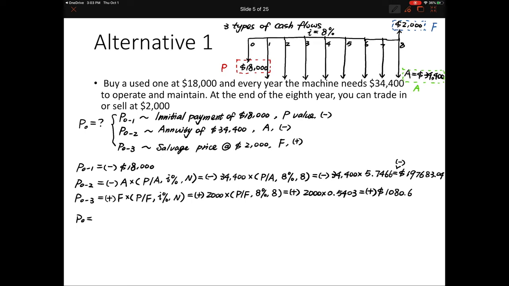And then you can sum them up to find out the P0. So P0 is P0 part 1 plus P0 part 2 plus P0 part 3. Okay? And P0 part 1 is negative 18,000.